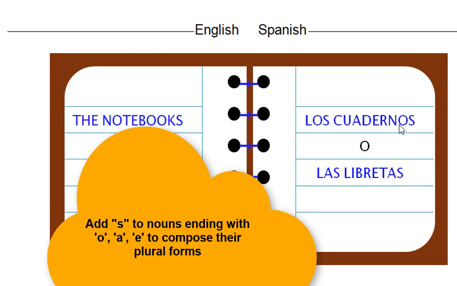So it becomes cuadernos, libretas. But yes, we are still left to specify "the." The masculine plural form of "the" is los. So it becomes los cuadernos. And the feminine plural form of "the" is las. So it becomes las libretas. Los cuadernos, las libretas.